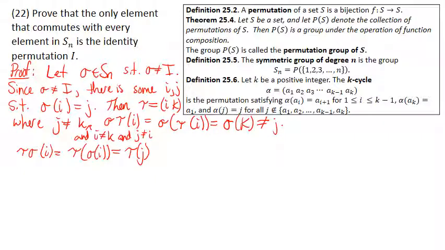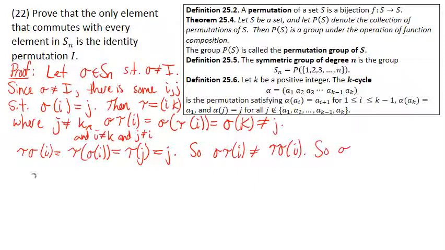So these are three distinct elements, i, j, and k. When I plug j into tau, tau does not move j, so I just get j back out. And so what you can see here is that sigma of tau of i is not the same as tau of sigma of i.